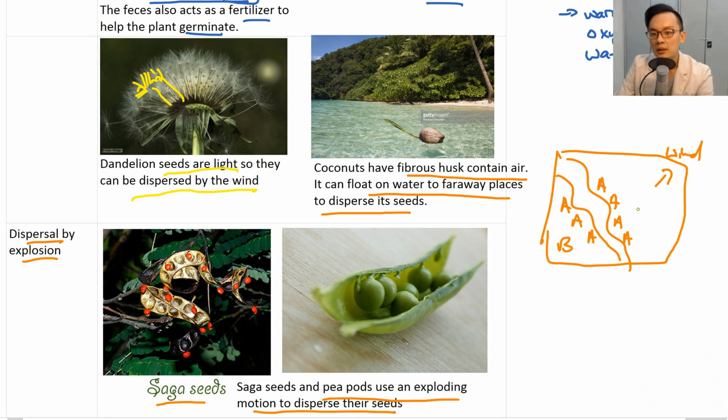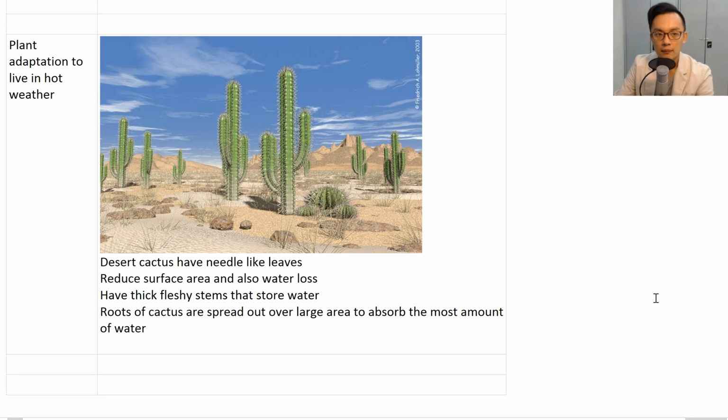So plant B is here, and plant C is here. You must realize that plant A is dispersed by water, plant B is dispersed by wind, and plant C is dispersed by explosive action.